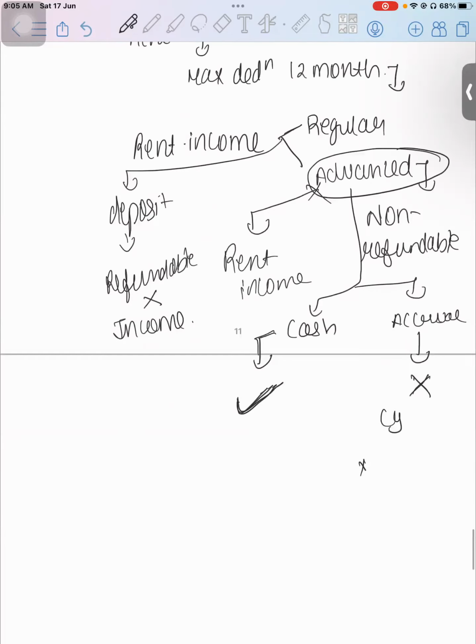He will include it in the next year. Okay. While receiving the income, you will see the concept of cash and accrual. But while paying the rental expense, whether it's cash or accrual, in both cases, only a maximum of 12 months of expense will be allowed. Okay.